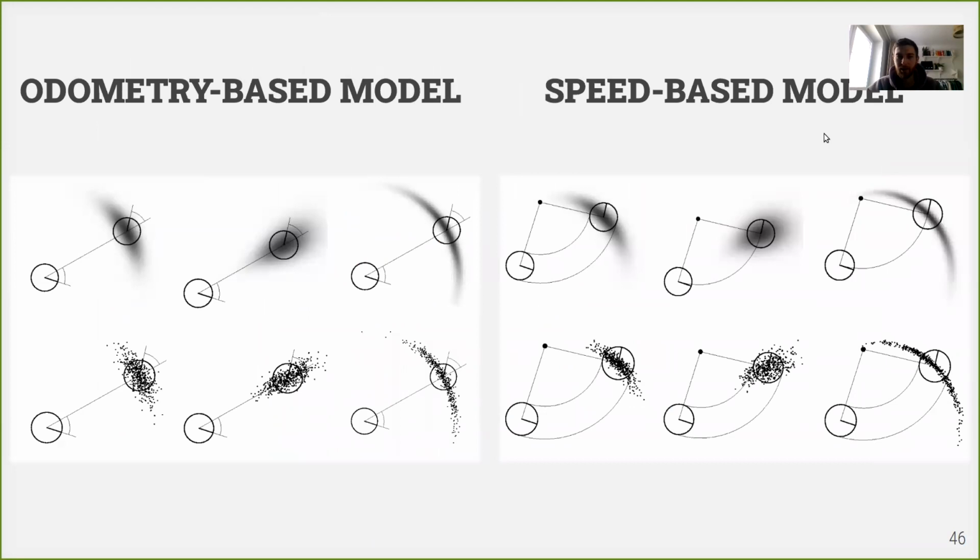They're practically the same. The choice of one or another only depends on whether you have encoders, and then it is simpler for you to take real readings from real encoders, because they already tell you something about your motion. Or if you don't have encoders and you have a robot without any sensors estimating motion, you can just take the speed, linear and angular, commanded to your robot to estimate your motion.